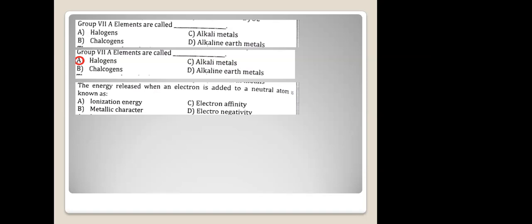What is the meaning of metallic character? It is the property of an element which has metallic characteristics, like lustrous. Can you say it in terms of an electron? What happens for any element which has metallic character? It has free electrons.